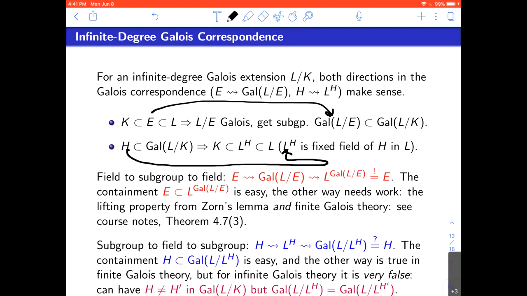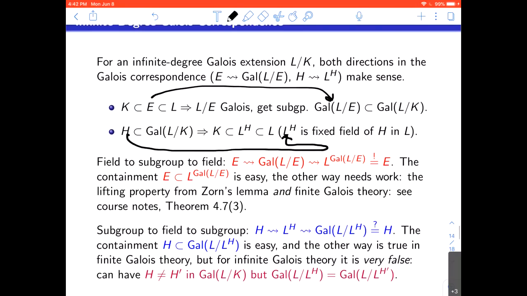So the real problems start if you start with the subgroup. Start with the subgroup of the Galois group, go to the elements that are fixed by it, and then go to the automorphisms of the top field that fix the elements fixed by H. Well, the elements of H fix the elements that are fixed by H. However, you can find more stuff. There can be more things that fix the stuff fixed by H than just H itself.